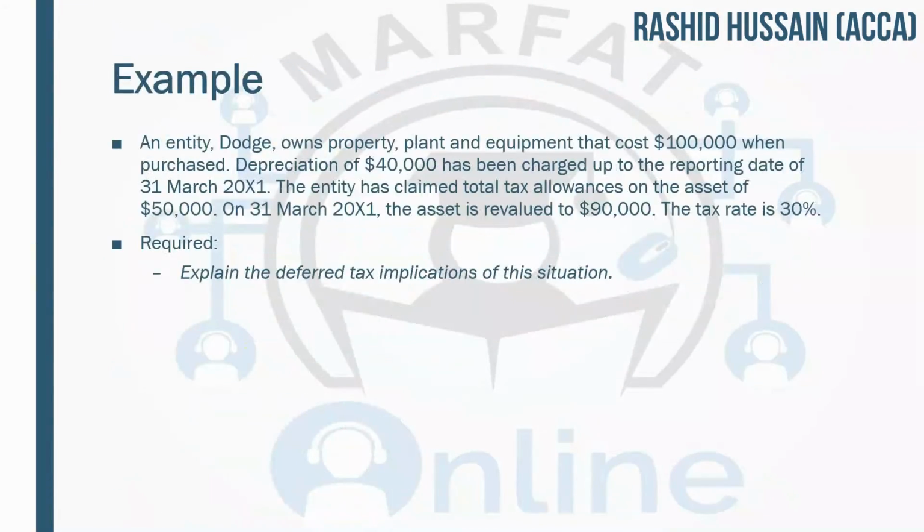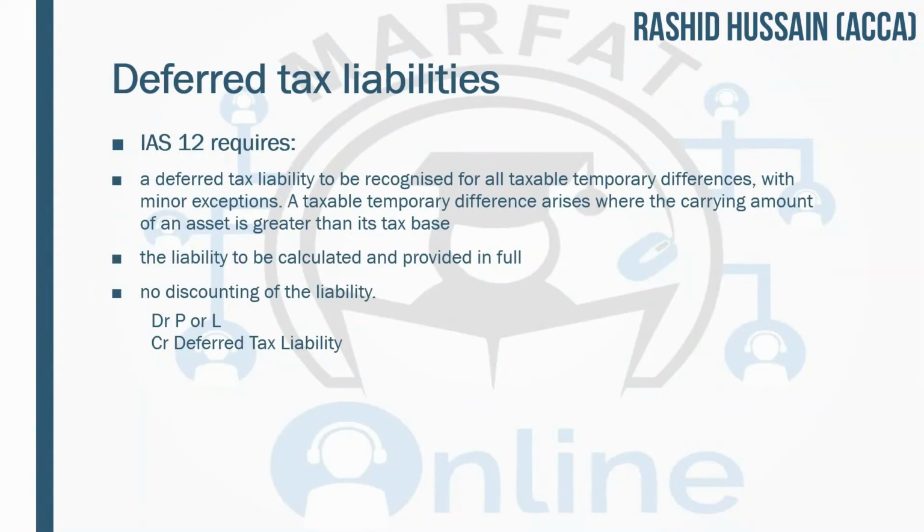The deferred tax liability is the opposite. When the carrying value is more than the tax base, this will give rise to a taxable temporary difference, and when you multiply it by the tax rate, it will give you the deferred tax liability. Deferred tax liability should not be discounted. Debit profit or loss, credit deferred tax liability.